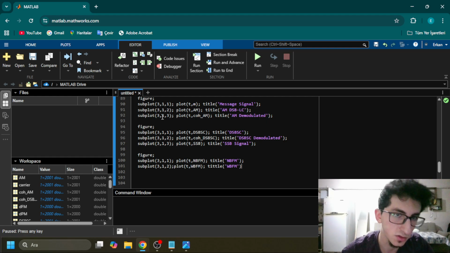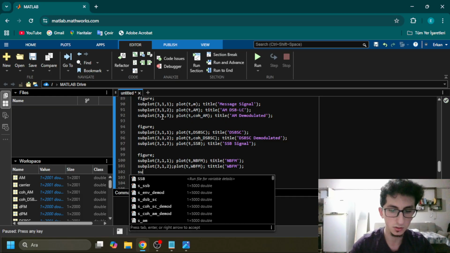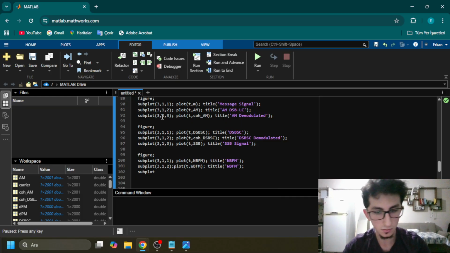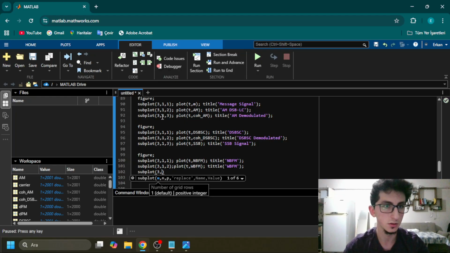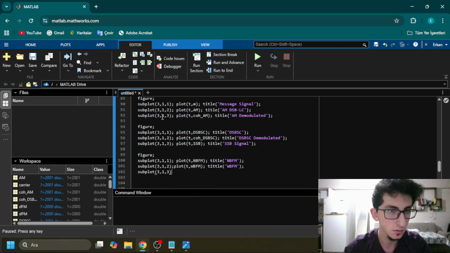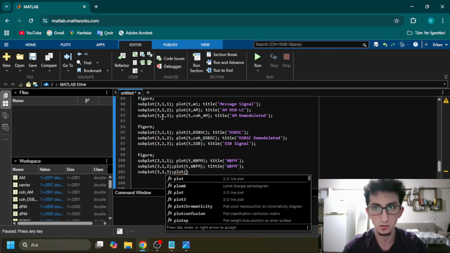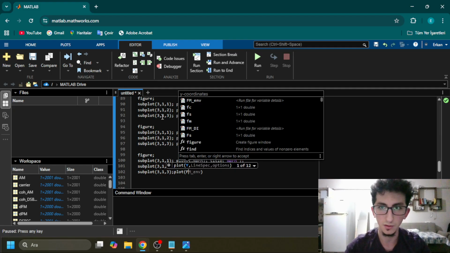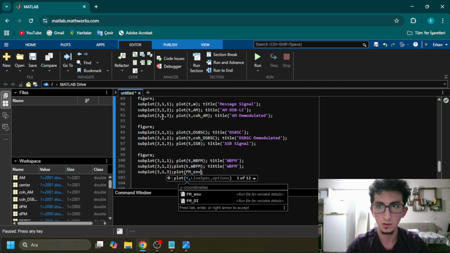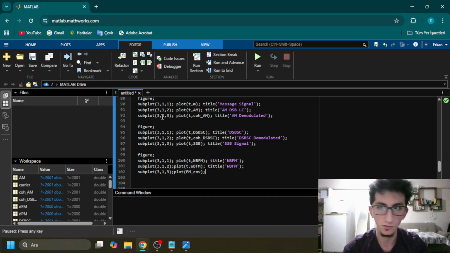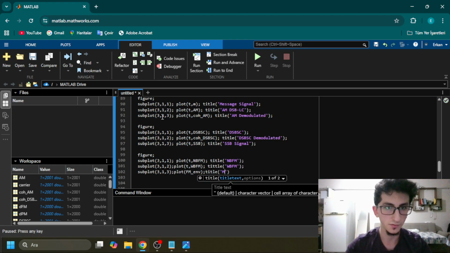The last one is subplot 313, and the plot FM and envelope, and the title is gonna be FM demodulated.